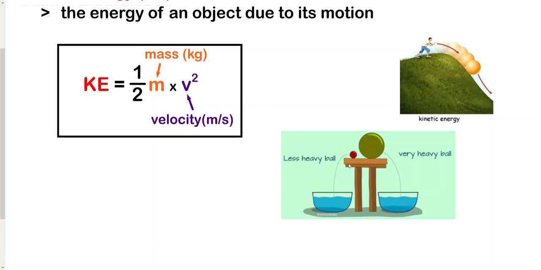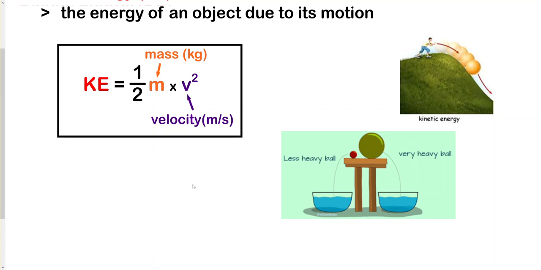And their velocity would be the same, right? They're both in free fall when they leave the table, and they started from the same height, so their velocity would be the same, but since they have different masses, their kinetic energy, or the amount of energy they have when they hit the water, would be different. It would be greater for the bowling ball because it has a larger mass, so therefore more energy, bigger splash.